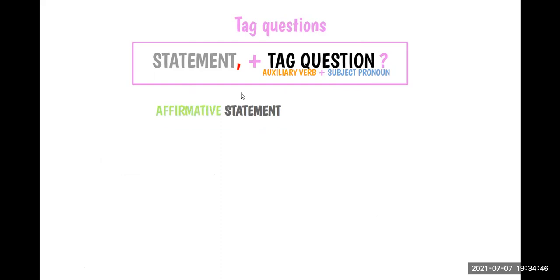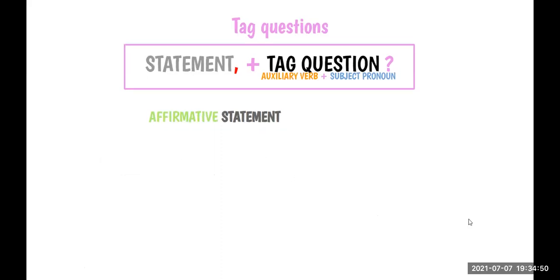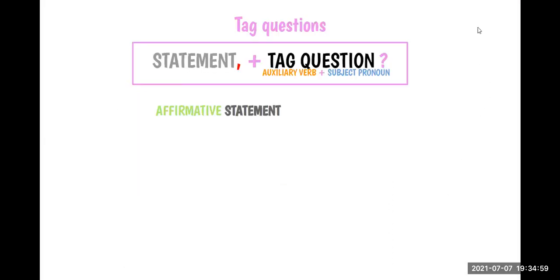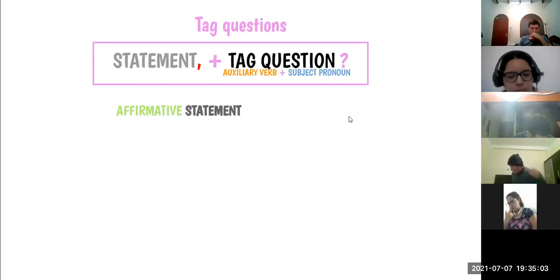Remember, when we have an affirmative sentence, according to the exercises that you have here in your book, affirmative sentences, how do we form our tag question? How do we form our tag question if the statement is affirmative?